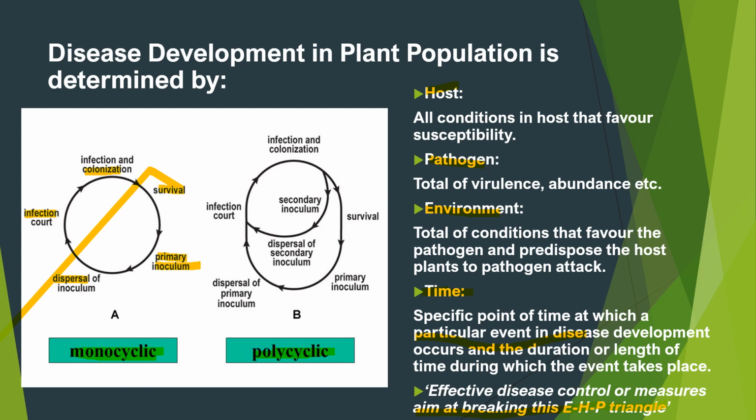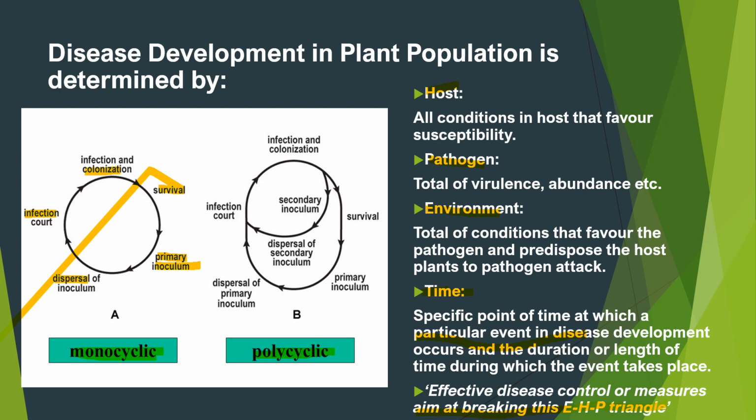For monocyclic diseases, for example, the early blight of tomato or potato. If this occurs only at one time point, for example within the first and the second month of the crop cycle, then it is a monocyclic disease. But sometimes these diseases reoccur towards the end stage, so they become polycyclic.